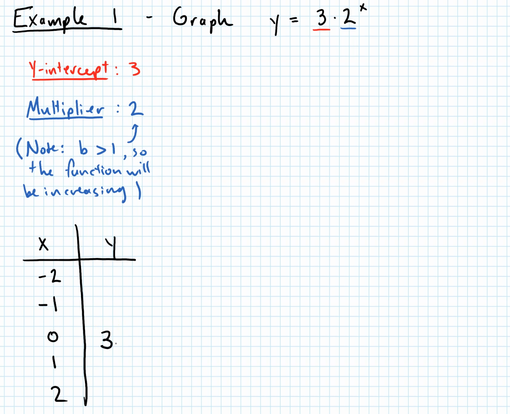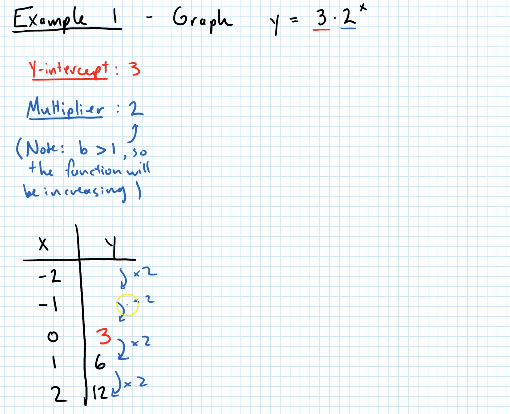So 0, 3 is a point. Let's make that red. We also know the multiplier is 2. So to get to the next number, all I need to do is times by 2. So when x is 1, 3 times 2, that makes 6. And when x is 2, I can multiply by 2 again to get 12.